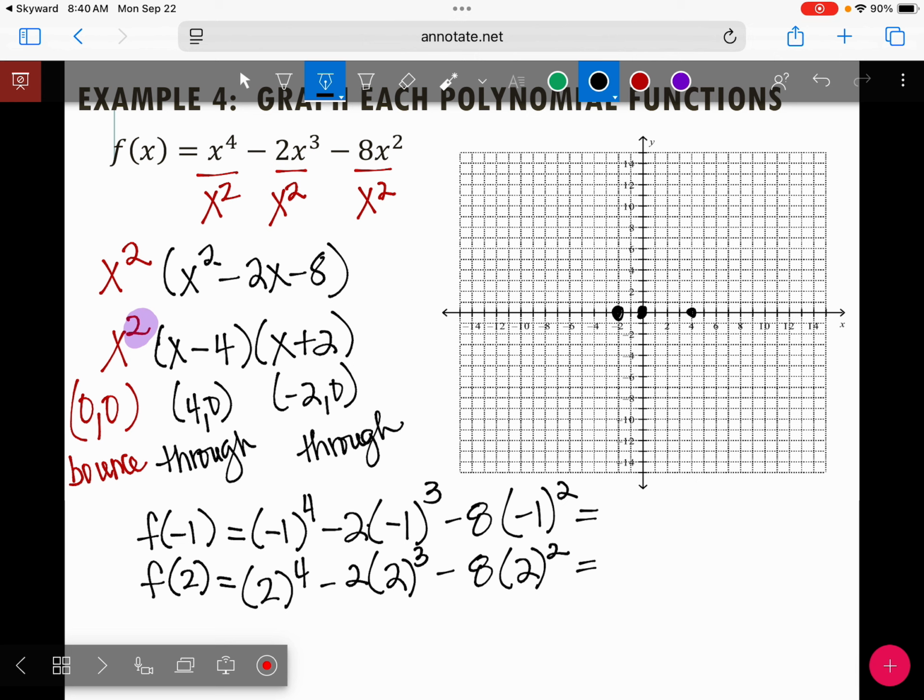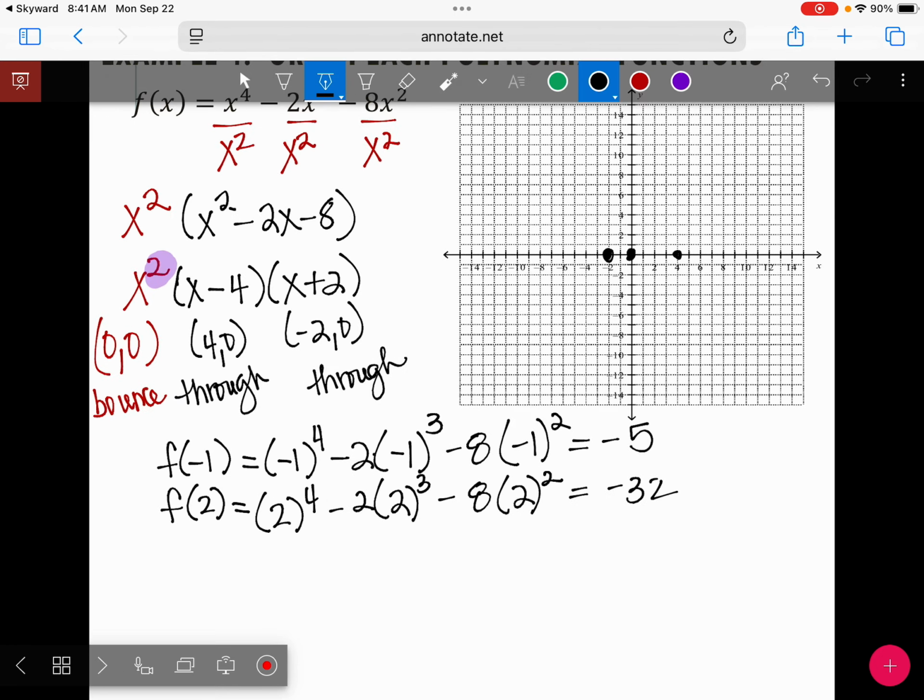And if you ever get a number that's really big, so like for example, f of 2, we get a big number, we get negative 32. I don't expect for you to draw a graph that goes down to negative 32. So this is what I got for both of those. I got negative 32 and I have negative 5. So one of the questions in your homework, I can't remember if you get a number super high or super low, but if it doesn't fit on your graph, let me show you what I want you to do.